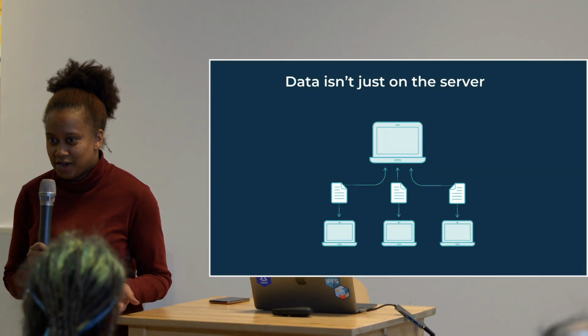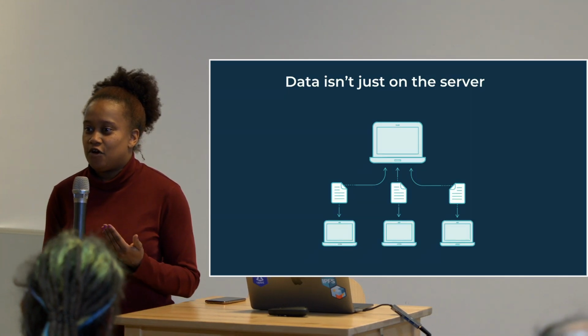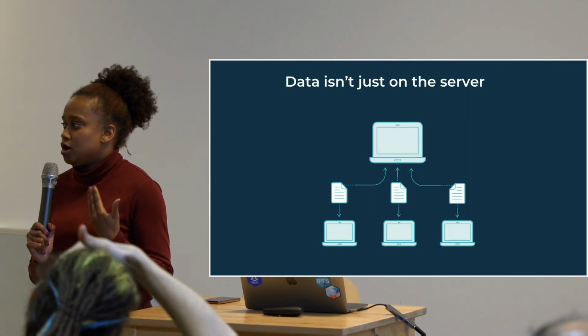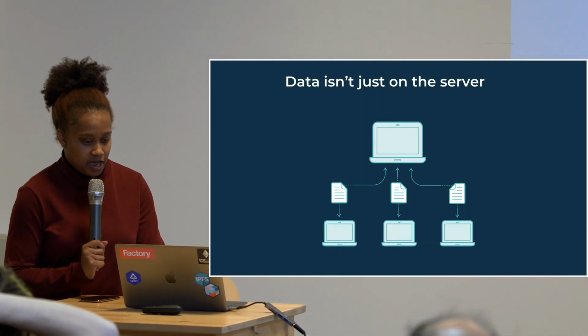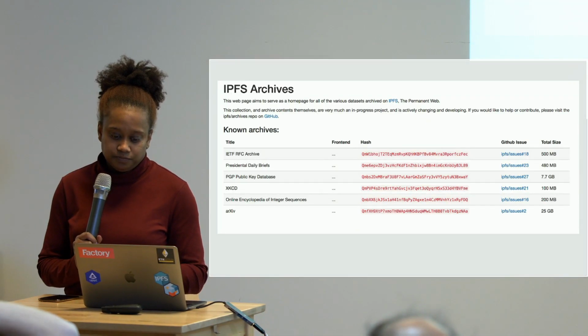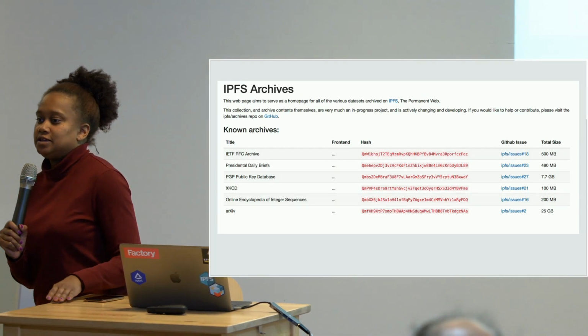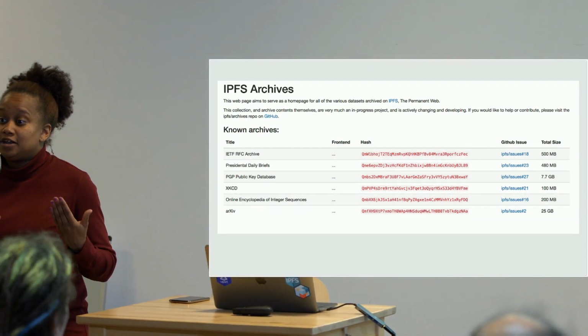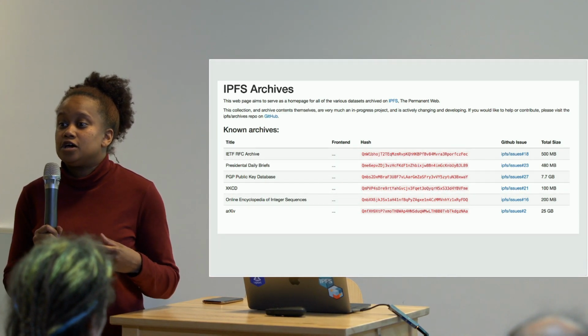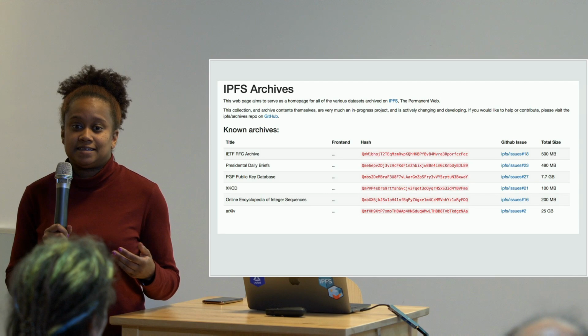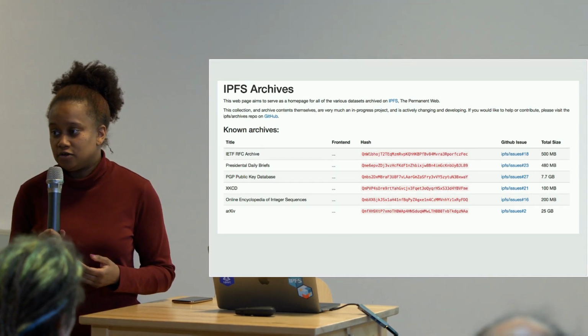This is a problem where we should not keep all of our data in one proprietary database or data store that we don't have control over. So what we do instead is that we have data in nodes. So we have nodes and we have data in hashes, which are CIDs, that's content identifiers.